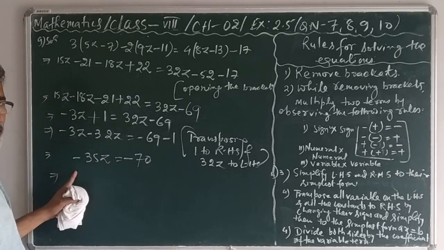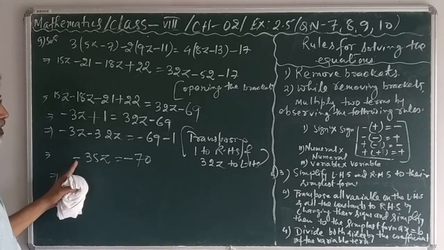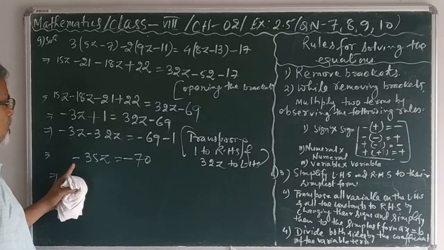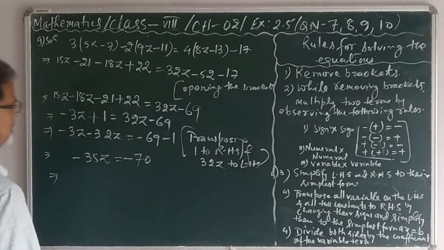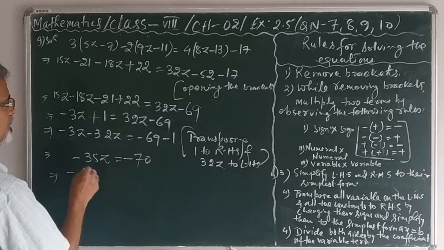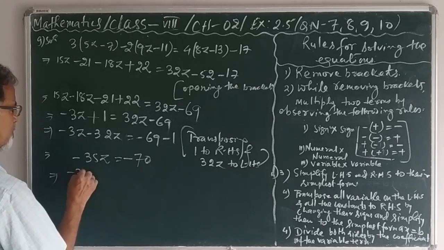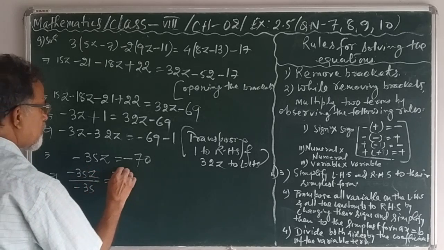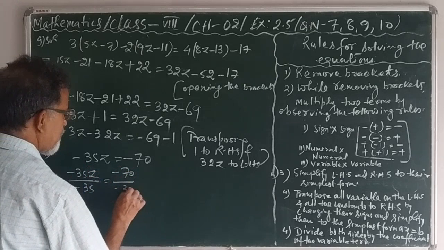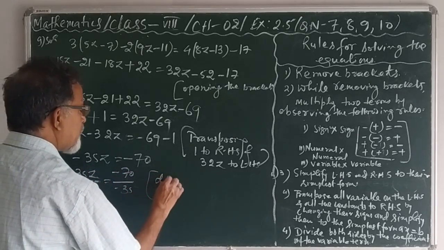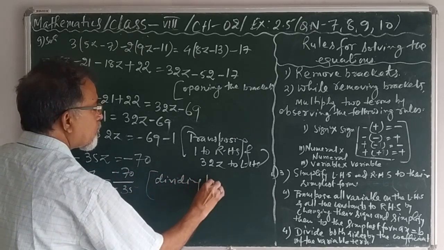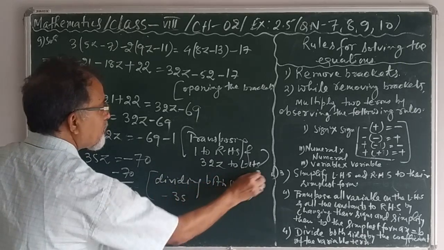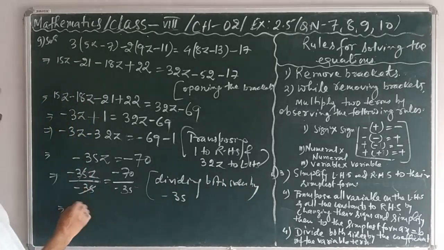We can multiply both sides by minus 1 to change this sign, otherwise we can divide both sides by minus 35. Now let us divide both sides by minus 35. Minus 70 by minus 35, dividing both sides by minus 35, we get z.